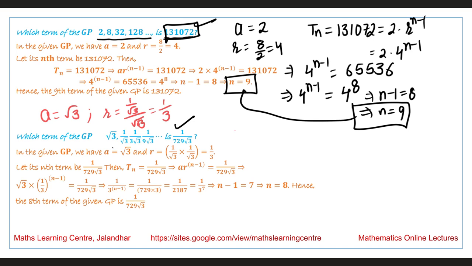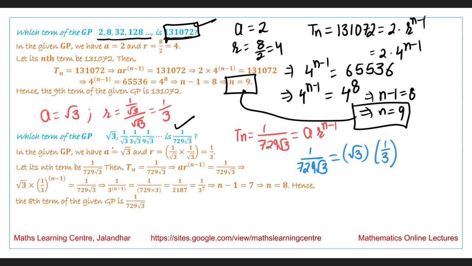Now Tn, which is equal to 1 by 729 root 3, is equal to A R raised to the power n minus 1. So we write 1 by 729 root 3 is equal to square root 3 into (1 by 3) raised to the power n minus 1.